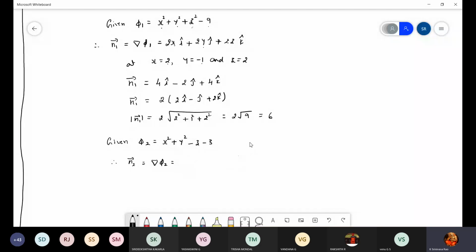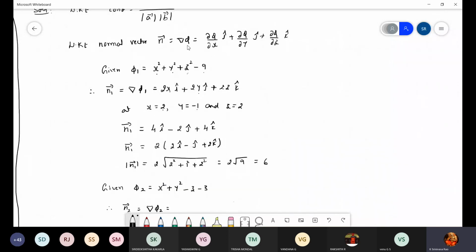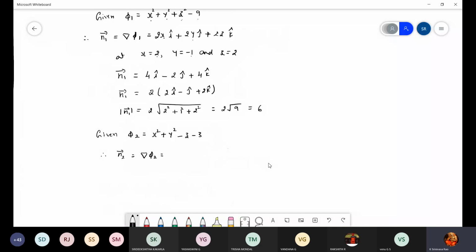Dou phi by dou x I cap is the general formula, so no need to write it here. Differentiate the complete surface with respect to x, with respect to y, and with respect to z. So what will you get? X square differentiation is 2x I cap with respect to x, and these three become 0.